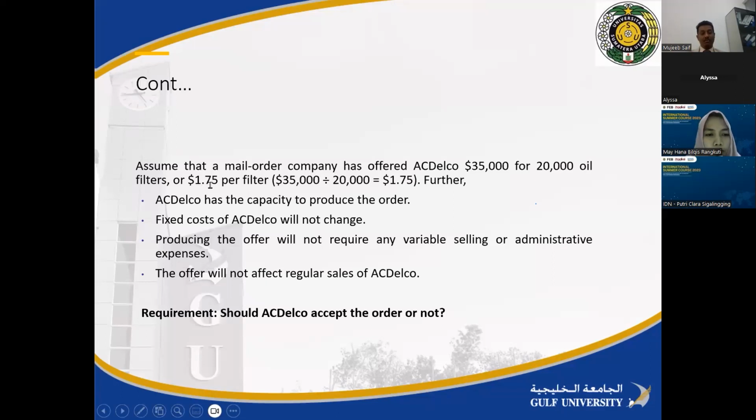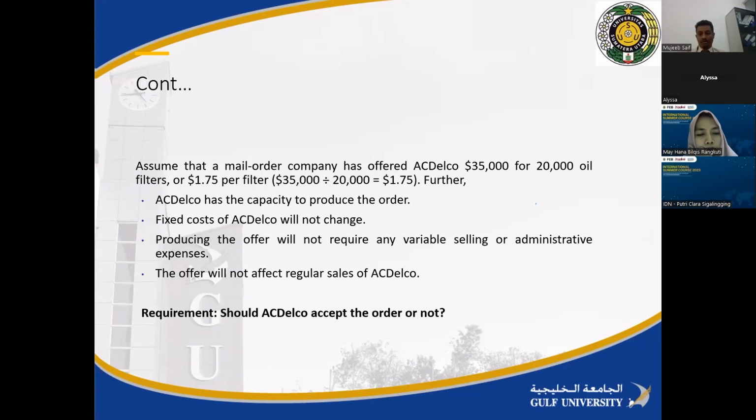Maybe he will purchase from us for 1.75, and later on he will come into our same market and sell it for maybe 2.75. It will affect our sales. So we should be sure that these customers are outside of Indonesia or in another city, and that he will not sell this product for less than our normal price, right?